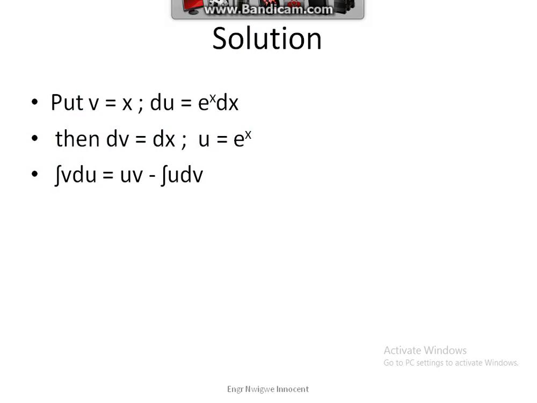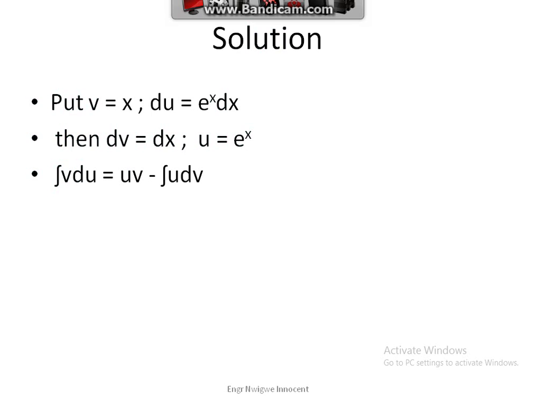Therefore, dv is equal to ds. If we do the integration of du equals exponential s ds, we have u equals exponential s. From the formula, the integral of v du equals uv minus the integral of u dv.